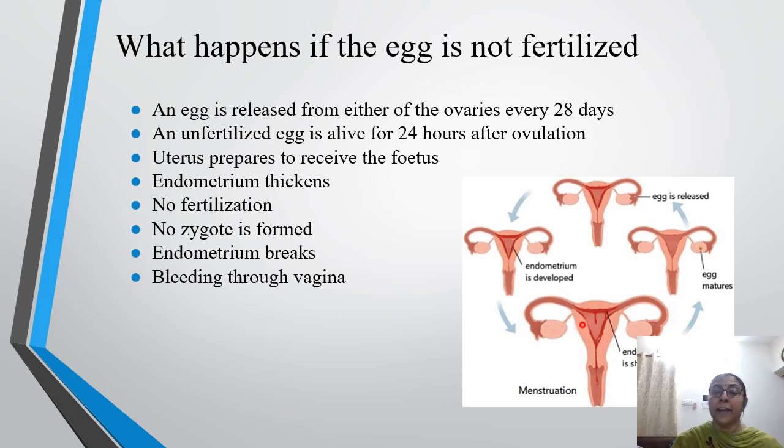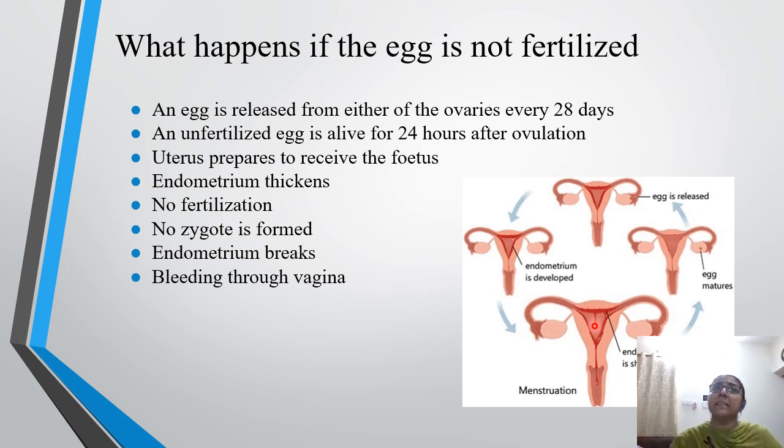The endometrium is set by the hormones estrogen and progesterone, which support the endometrium formation. If fertilization does not take place, the endometrial wall will break and be sent out through the vagina as a bleeding or menstrual process.